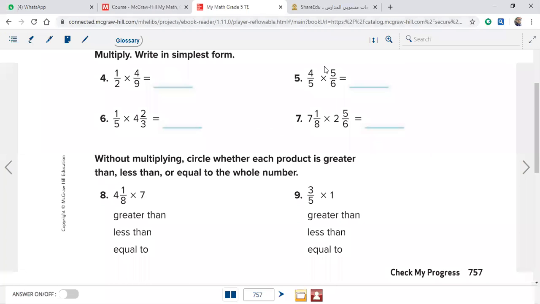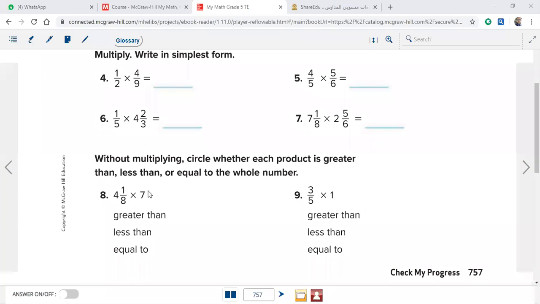Okay. Now we are on numbers 8 and 9, page number 757, still on the same page. Without multiplying, circle whether each product is greater than, less than, or equal to the whole number. Number 8, 4 and 1 out of 8 multiplied by 7. Is it greater than, less than, or equal to the whole number?